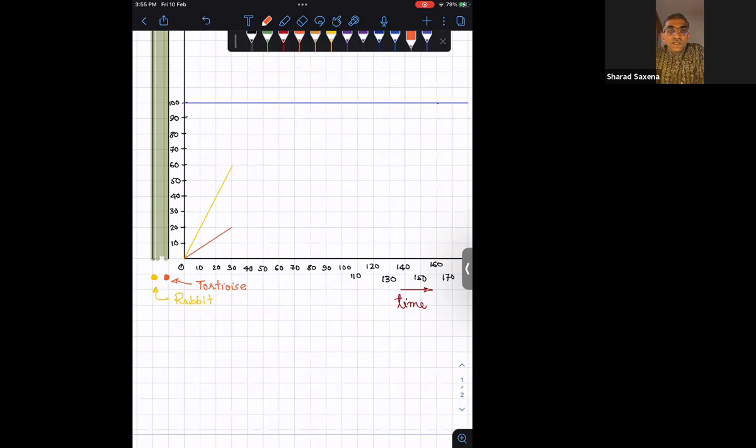After 30 minutes, the tortoise could reach only 20 meters, whereas the rabbit reached 60 meters, right? The rabbit looked back and couldn't see the tortoise. And rabbit said, hey, come on, I'm quite ahead. That guy is still not seen. Let me take some nap. And then in any case, I can finish and I can win the race. So he went on to a long, oh, I'm sorry, not this color, yellow. He went on to a long sleep.